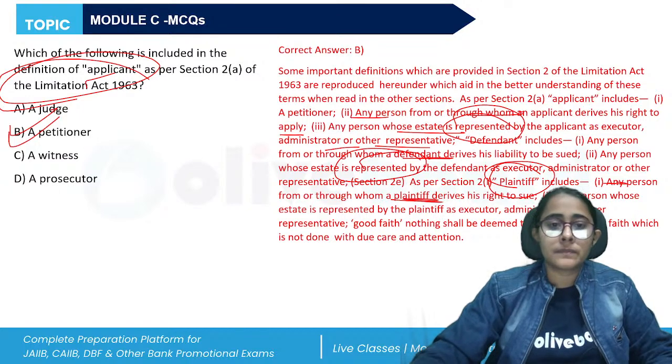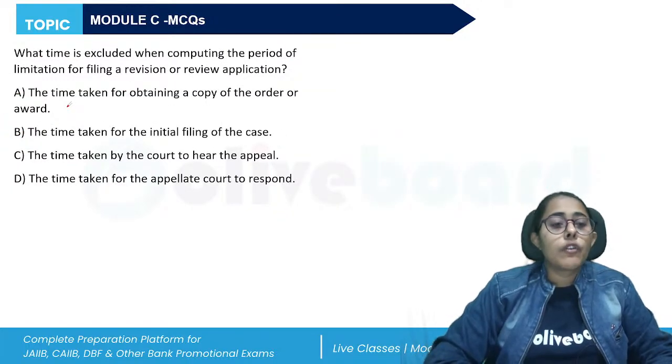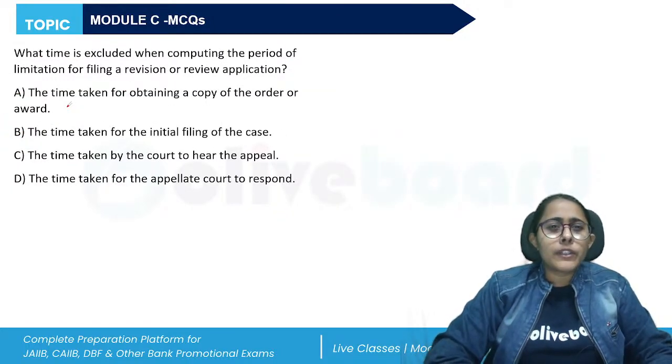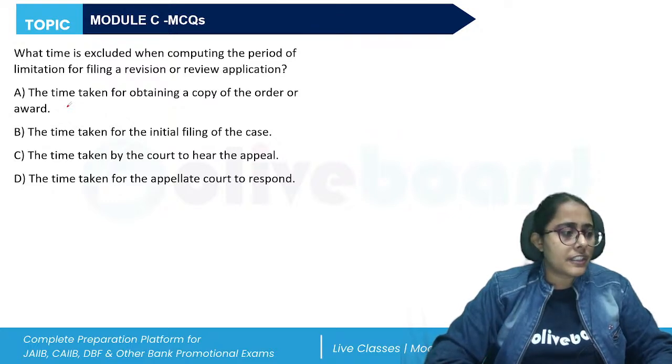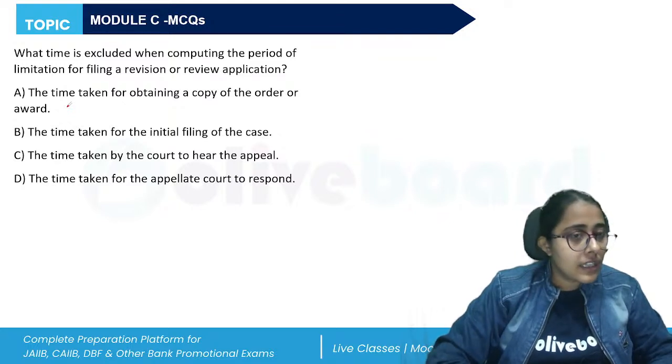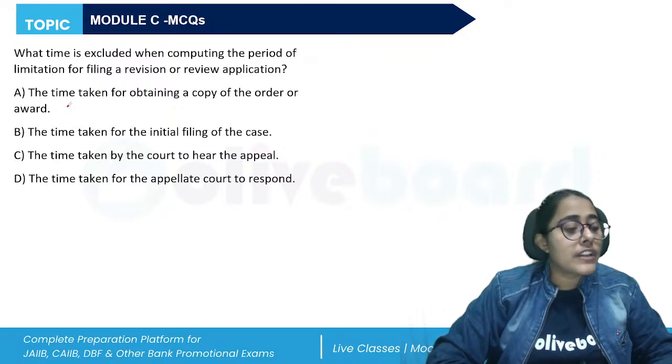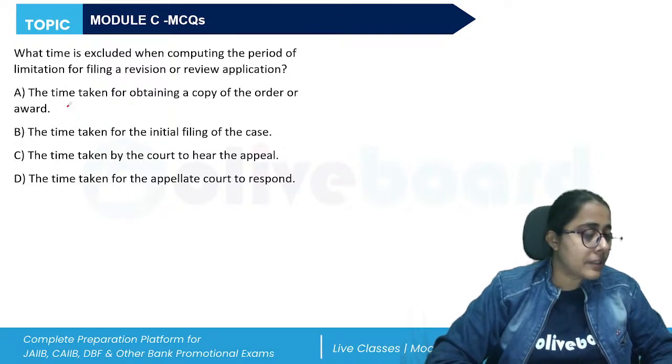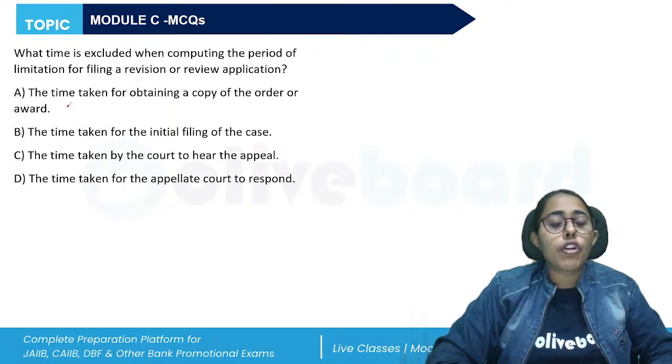The petitioner. Next, what time is excluded when computing the period of limitation for filing a revision or review application? So there is a certain limit, period of limitation. What is this time period, or which time is excluded from this limitation period? A, the time taken for obtaining a copy of the order or the award; B, the time taken for the initial filing of the case; C, the time taken by the court to hear the appeal; or D, the time taken for the appellate court to respond.